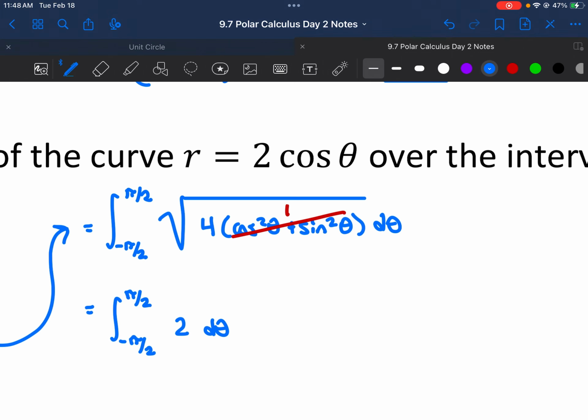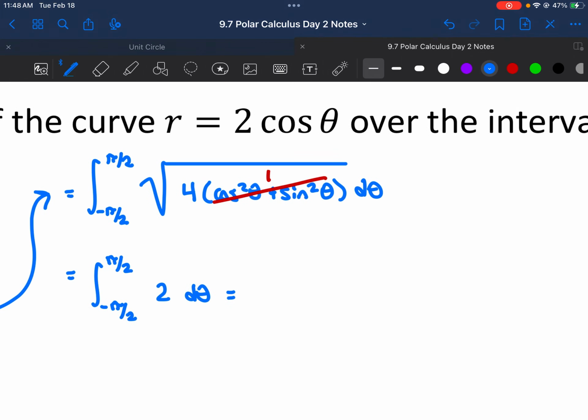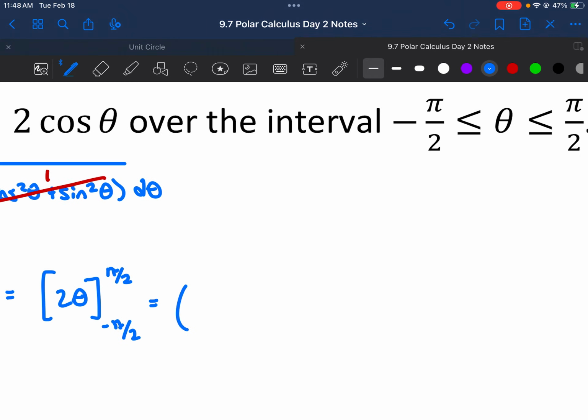All right, so now we have a really, really easy integral to take. Antiderivative of 2 with respect to theta is simply 2 theta, evaluating from negative pi over 2 to positive pi over 2. So this is going to be 2 times pi over 2, that's evaluating at the upper bound, minus 2 times negative pi over 2, evaluating at the lower bound, subtracting them.